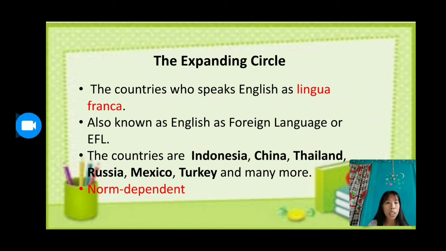These countries do not hold a historical or government importance towards speaking English. This circle is norm dependent because they fully depend on the norms originally produced by the native speakers of the inner circle. They generally do not develop and reproduce English.